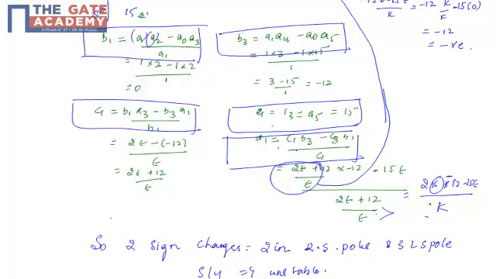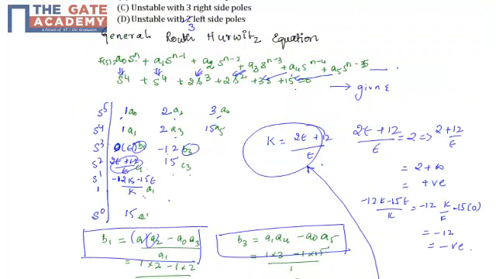In order to find if the system is stable or unstable, we'll take this term, that is 2 epsilon plus 12 by epsilon, which can be written as 2 plus 12 by epsilon, and as epsilon is tending to 0, 2 plus infinity will come.